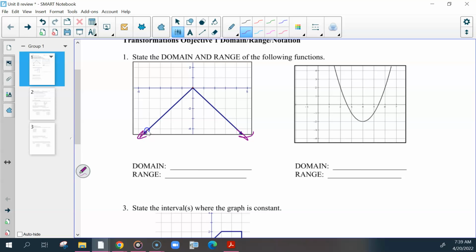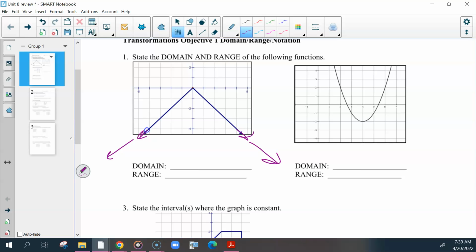It keeps going forever and ever in both directions. And remember, you have to kind of imagine this. This is going to go off the graph. And it's going to keep going off the graph. So there aren't any starting and stopping points. So your domain goes on forever and ever in both directions.